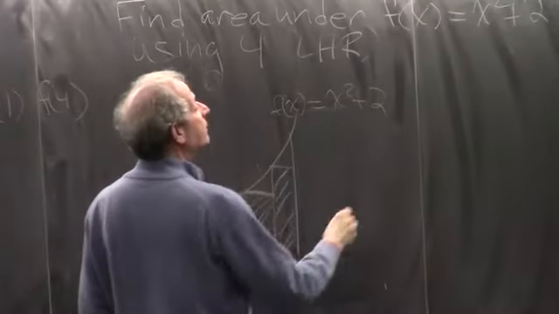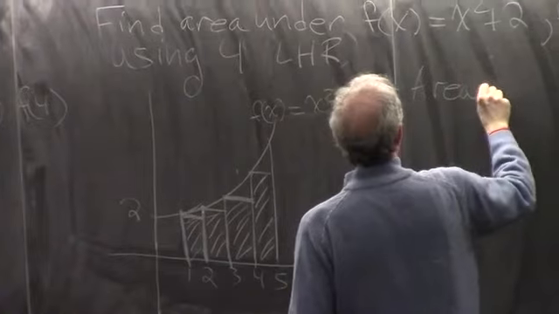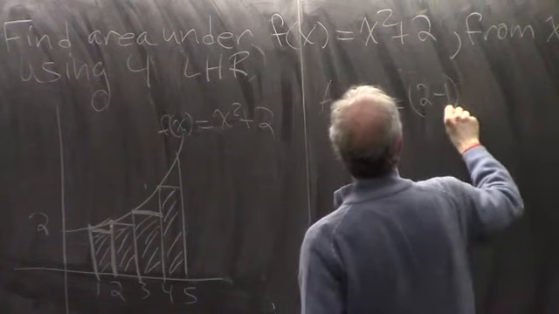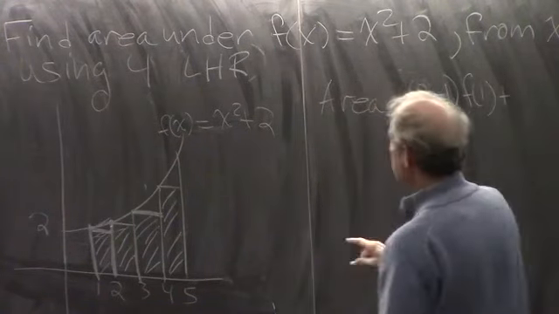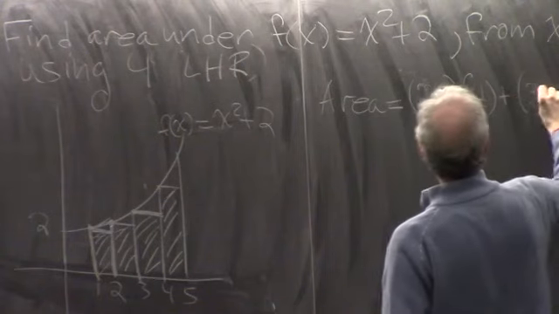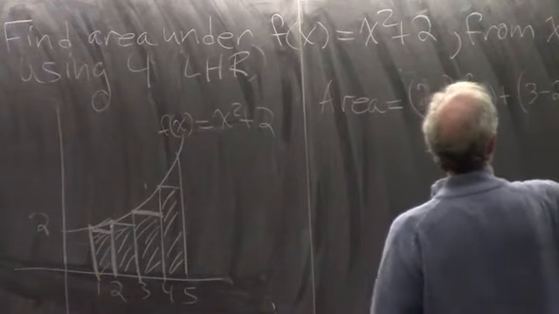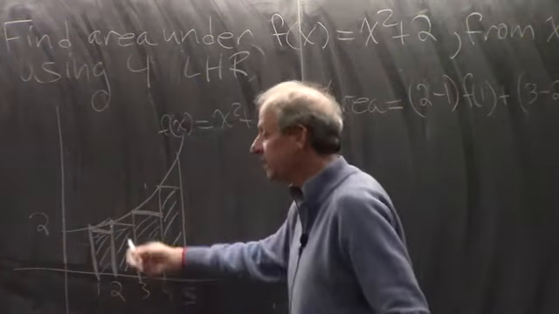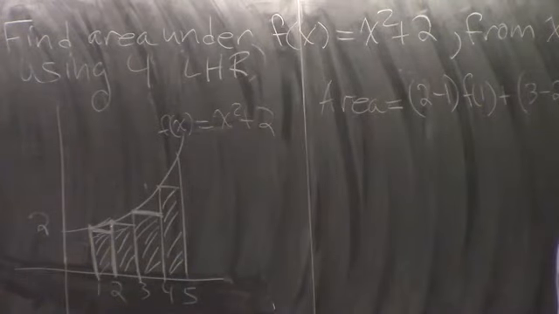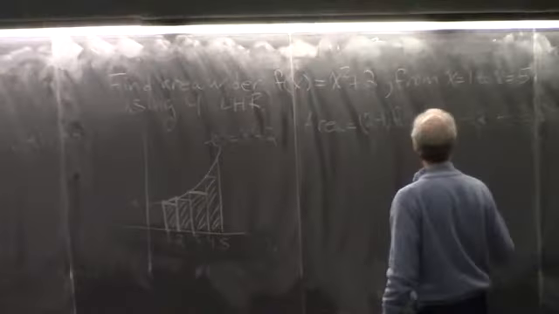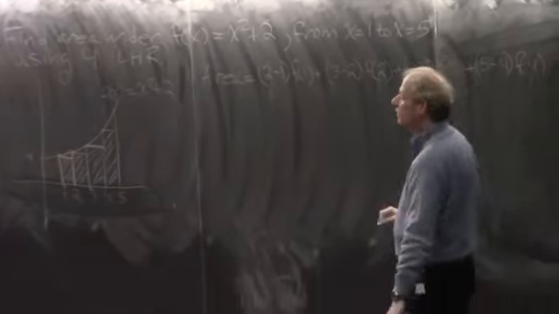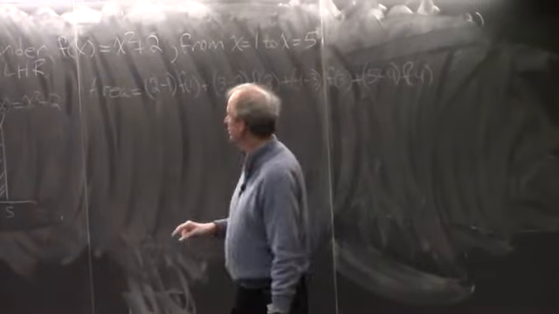So what is the area? So the area is I take the width, which is 2 minus 1, times the height, f of 1. The next width is 3 minus 2. Notice those all come out 1, times f of 2. The next width, right, width times height, is 4 minus 3, f of 3. And the last one is 5 minus 4, f of 4. Okay, so each of those widths is 1, that's easy.